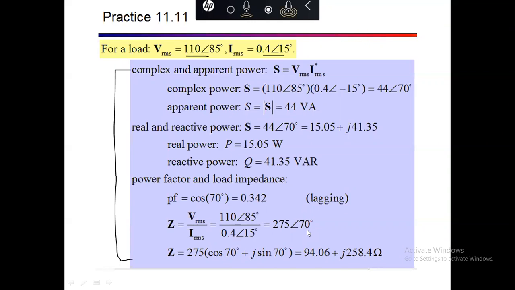So if you want to calculate the resistive and reactive part of the impedance, you will just convert this into the rectangular form, and in the rectangular form you can find the resistive part and the reactive part of the impedance. So you have seen now. This will help you to learn further.